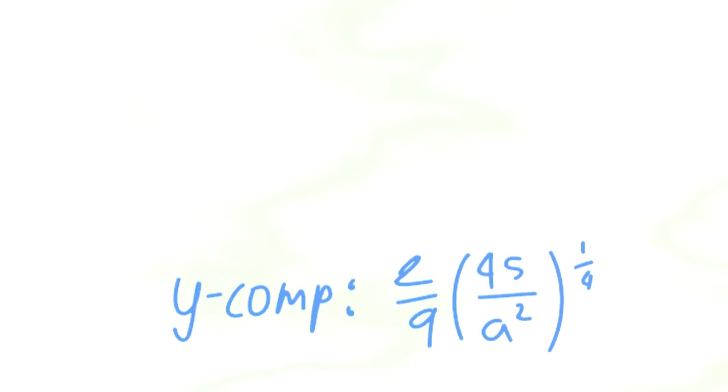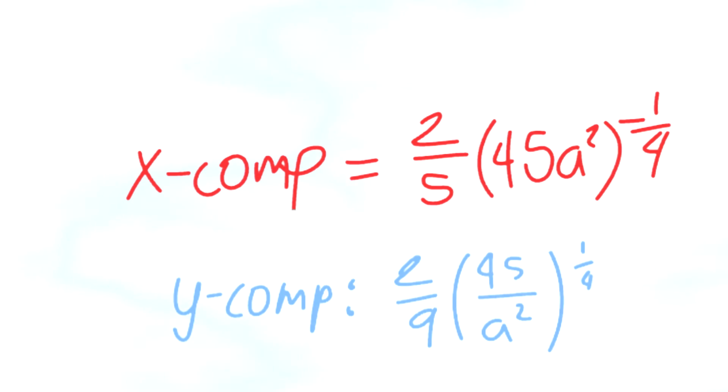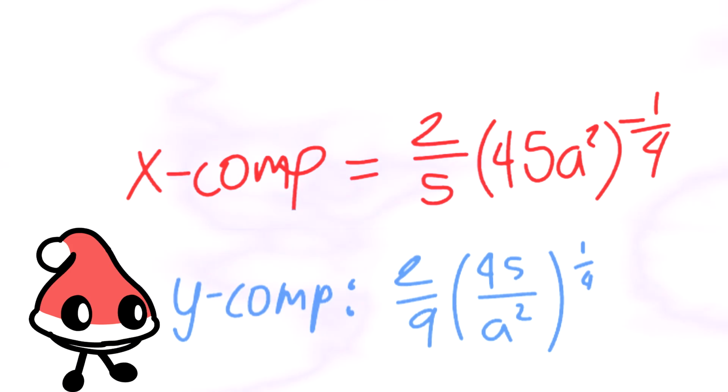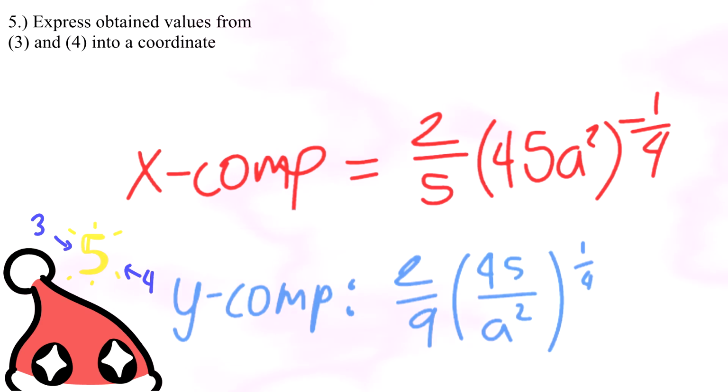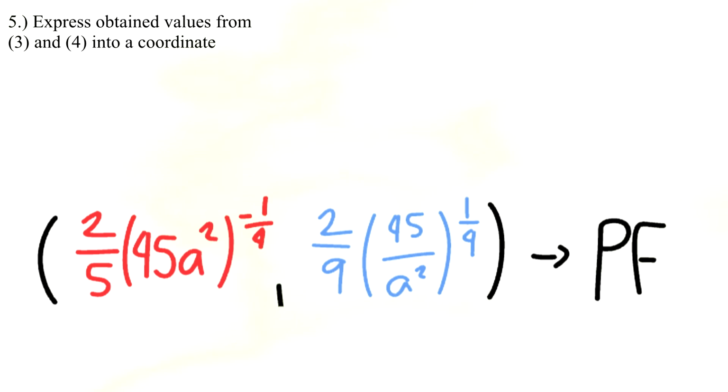Therefore, the answers that we got in step 3 and 4 are the parts of the pseudo-focus's coordinate. Having formed the coordinate of these components, you've already done step 5, where our pseudo-focus is 2/5 45a squared to the power of -1/4, 2/9 45/a squared to the power of 1/4.